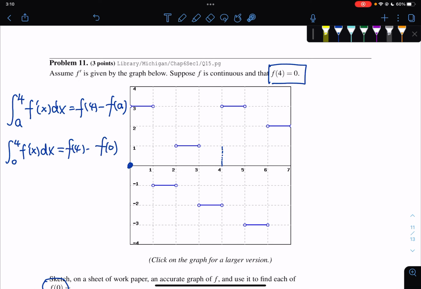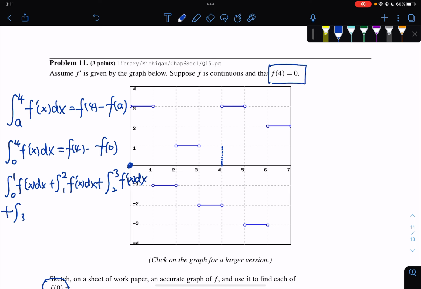Well, I can't really do the integration in one shot because my derivative is a piecewise function. So what I have to do is I integrate from 0 to 1, from 1 to 2, from 2 to 3, and from 3 to 4. I split this integration into 4 pieces because my function was cut into 4 pieces.